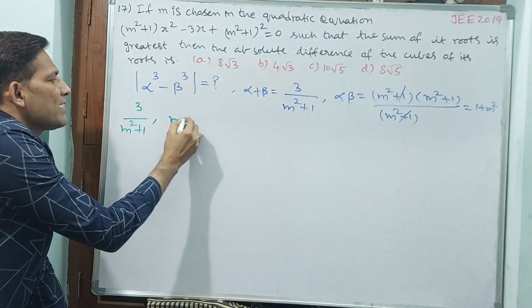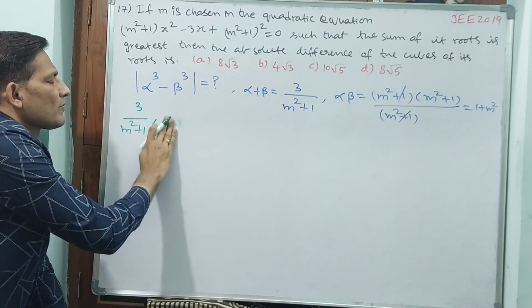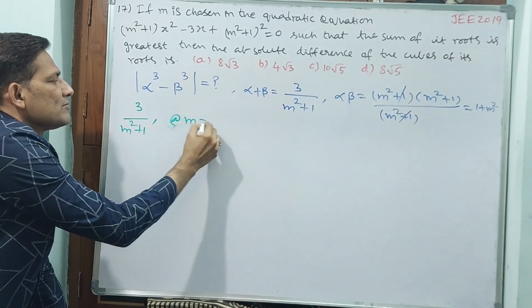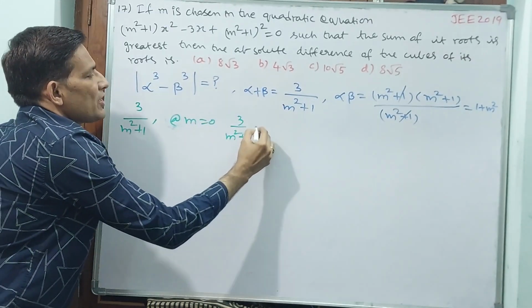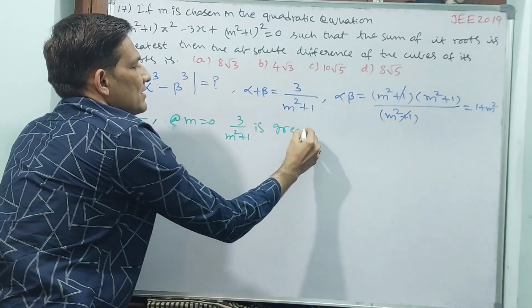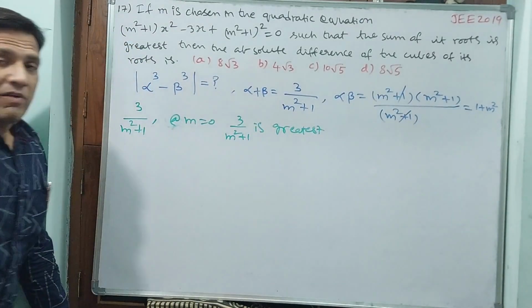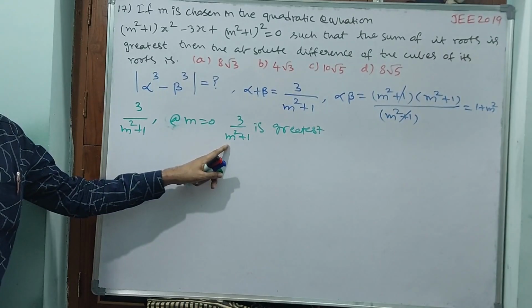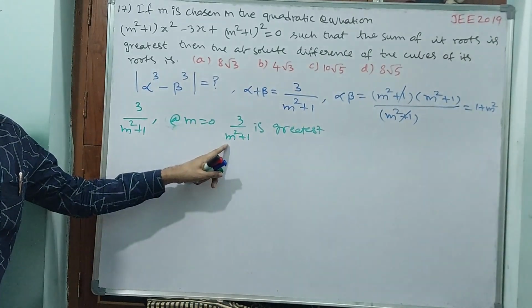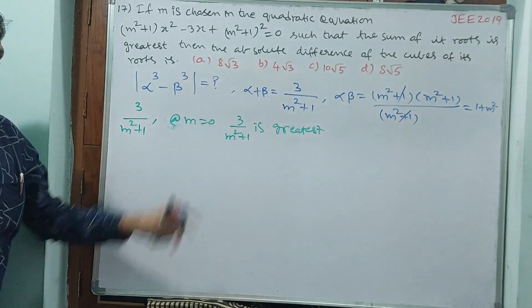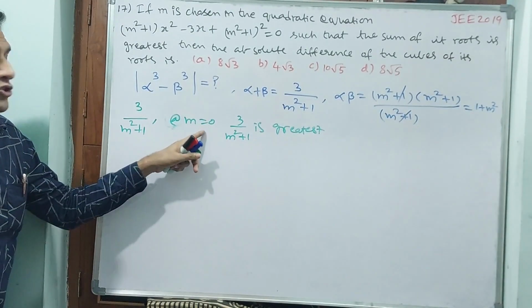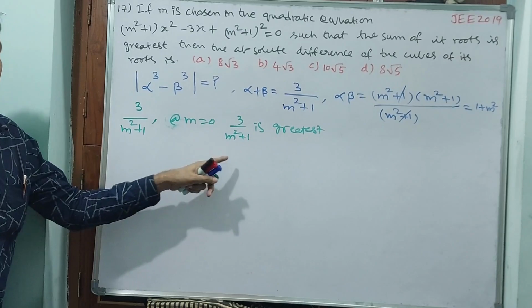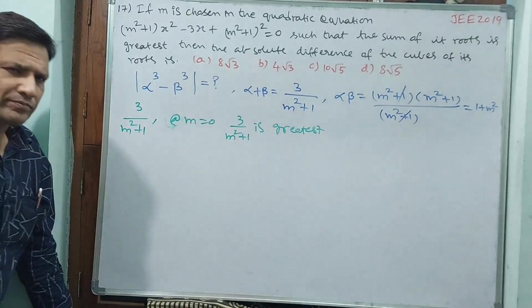Simple. At m is equal to 0, 3 by m square plus 1 is greatest. Because m square is 0, so 3 by 1 is 3, which is greatest. Otherwise, if you give any negative or positive number, it is going to be squared.